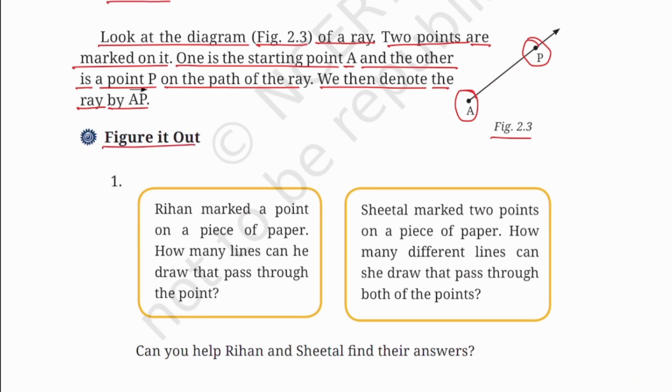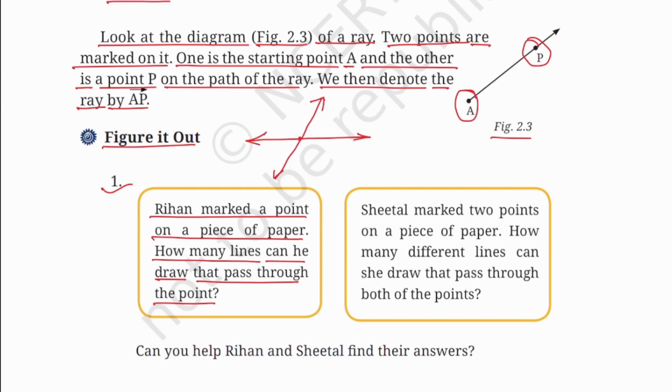Figure it out. 1. Rihan marked a point on a piece of paper. How many lines can he draw that pass through the point? If you draw a point on a piece of paper, there are infinite lines that can pass through it. You can't count the number of lines passing through it. 2.